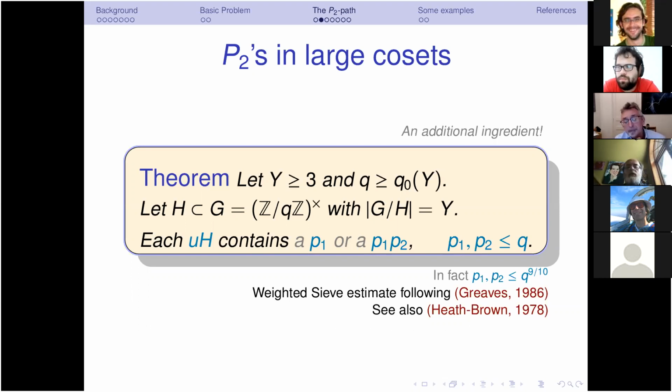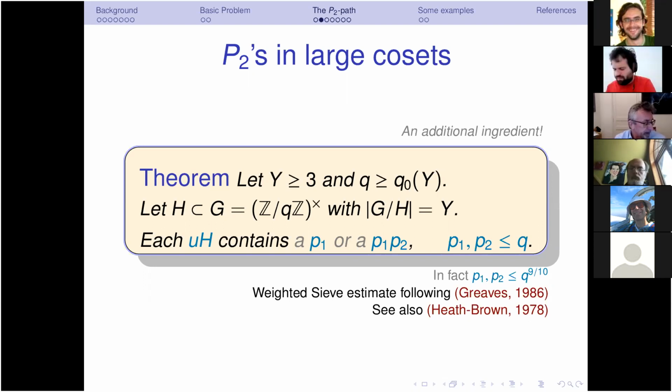But maybe if we can prove that the P1 or P1 P2, both of them less than Q to the 3/2, is congruent to A mod Q, which I'm not sure.